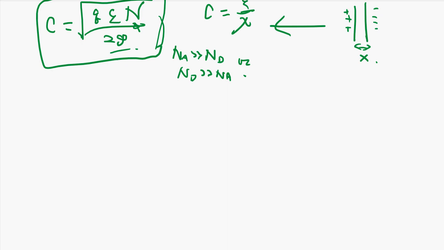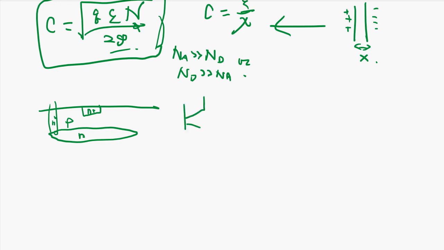So when you have a transistor, we create a transistor like N plus, N, this is the collector, and P and N plus, this is an N P N transistor, right?